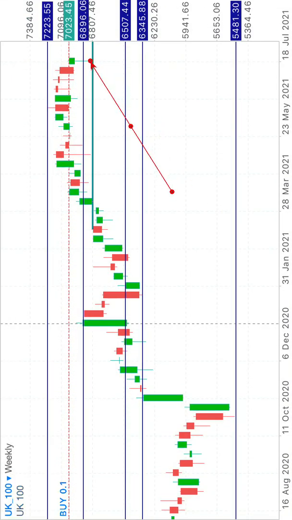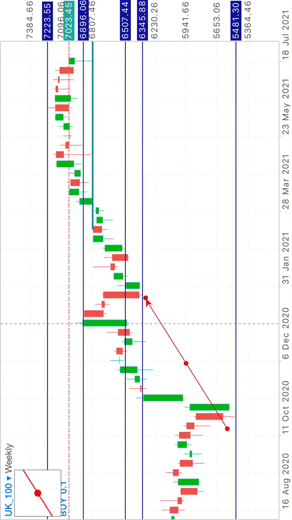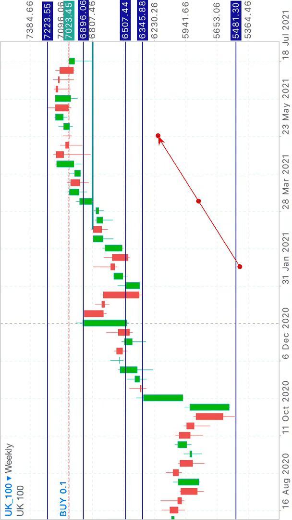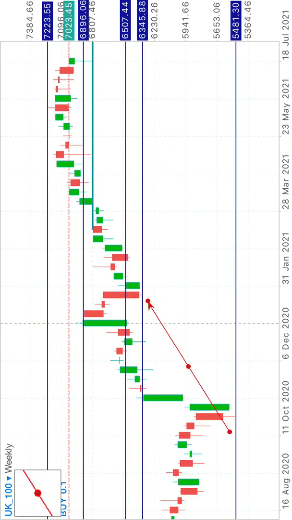On a weekly, remember, it was still on an uptrend, because if you can check, the current price is at 7023, and the previous swing low is 6345.